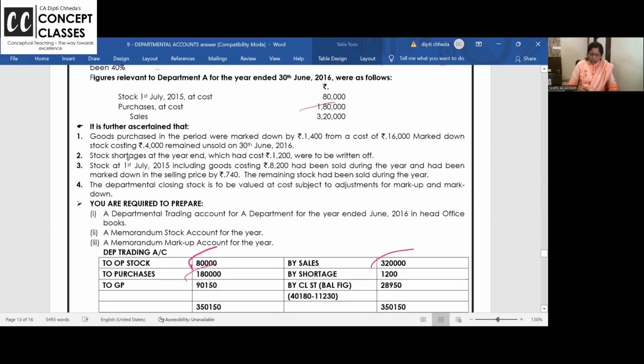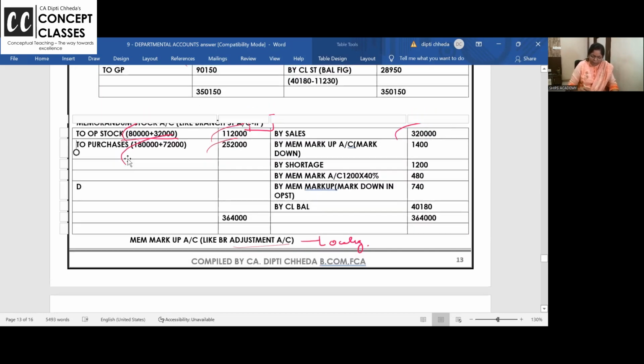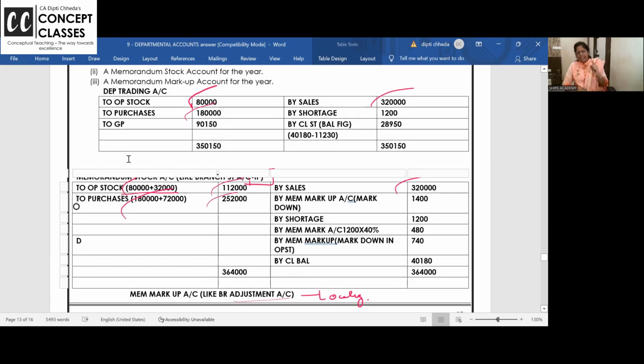Now, goods purchased in the period were marked down by 1,400 from a cost of 16,000 and marked down stock 4,000 remained in stock. Oh, तो आपने जो goods purchase किए उसमें markup ये रहा. So mark down what you will do? Credit.